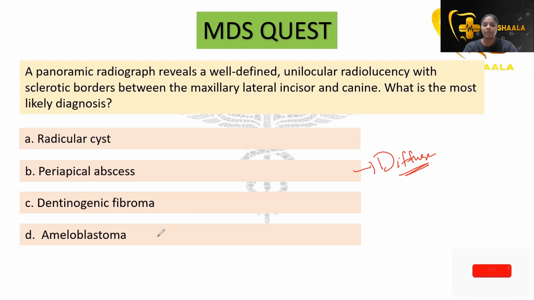And ameloblastoma, you all know. How will the radiolucency of ameloblastoma be? Comment me. Right. Since they are saying well-defined unilocular radiolucency with sclerotic borders, the option will be radicular cyst. Comment me how the ameloblastoma looks. It is a very important question for you.